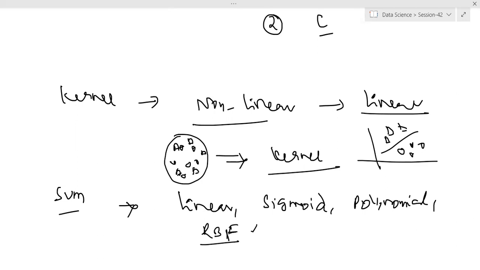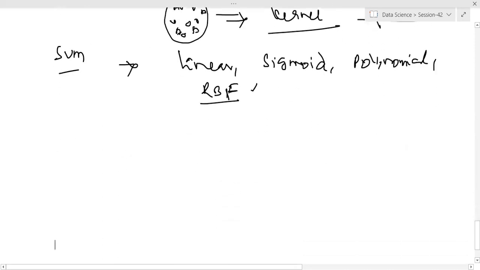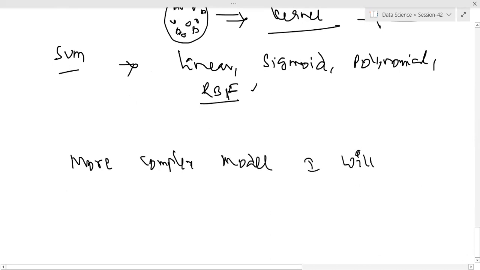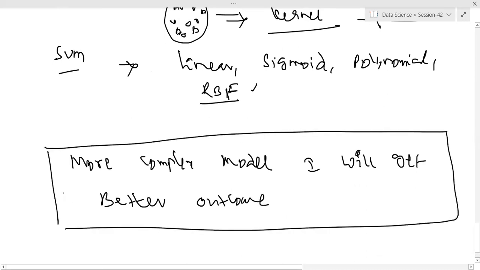Now one more point, we always observe the wrong interpretation that if I use a more complex model, I will get a better outcome. Maybe if you do more hard work, you can be placed in a good company.